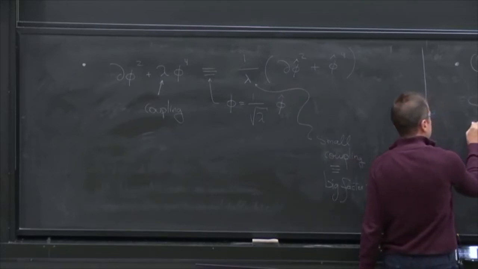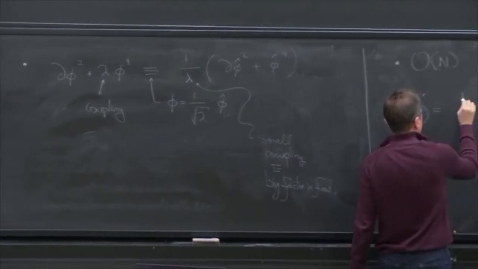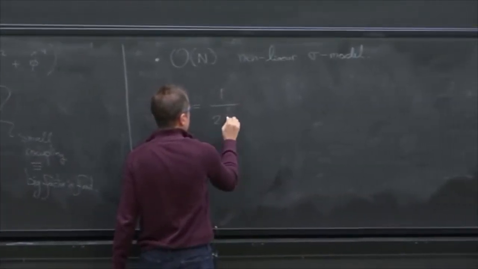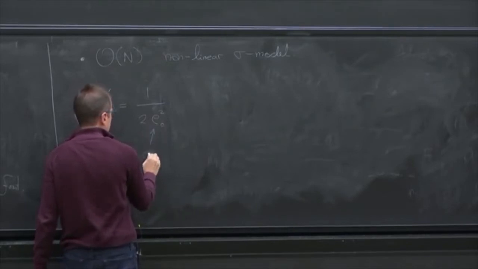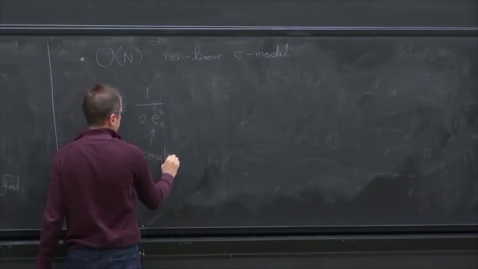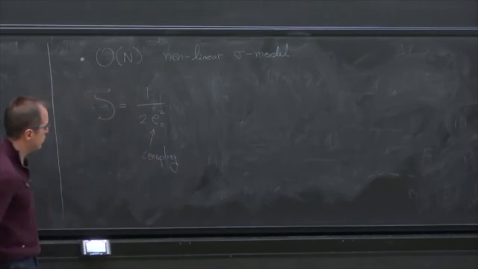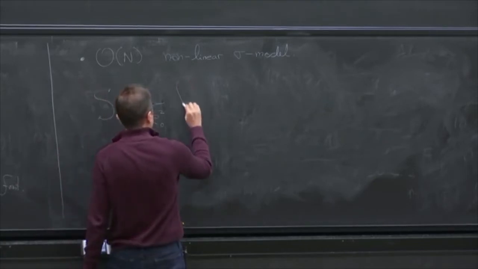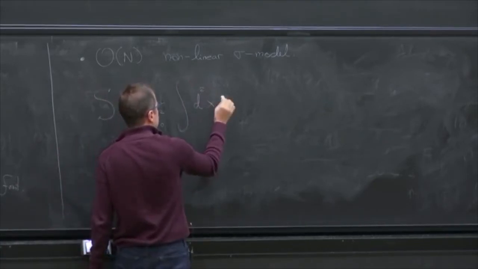The action is going to have some coupling in front. Again, it's in front, so when the coupling is small, this factor is big. So this is the coupling, and it should be small. And then there is an integral. It's a two-dimensional model. We are going to consider d2x.